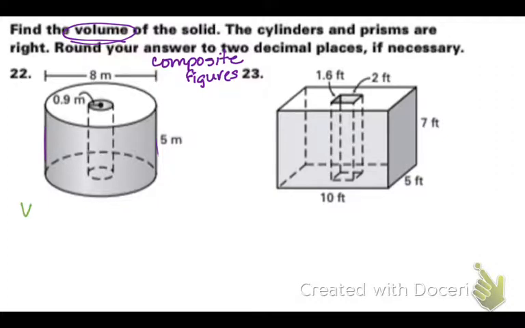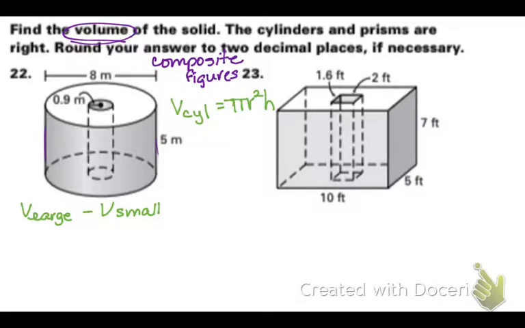So we're going to take the volume of the large minus the volume of the small. Okay. So, volume of a cylinder is equal to pi r squared h. So let's work on our first one first.